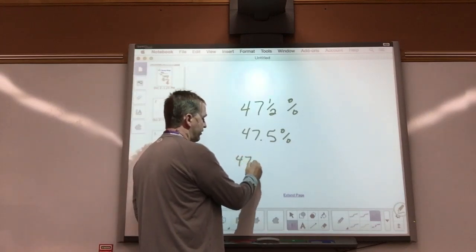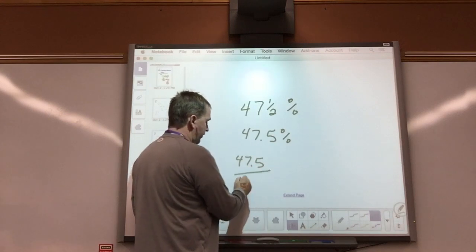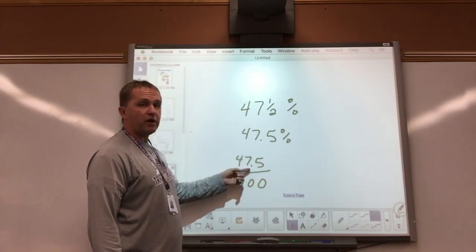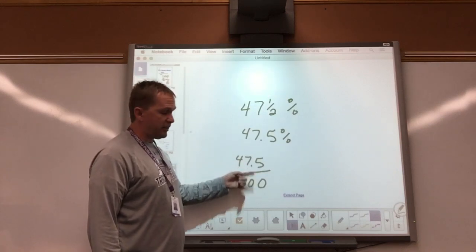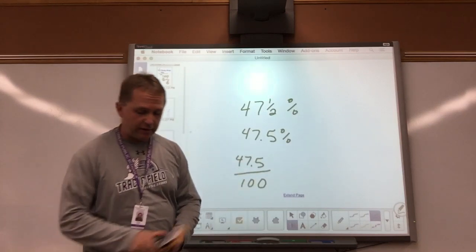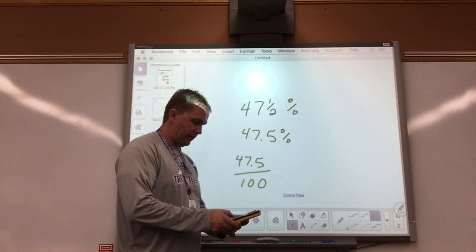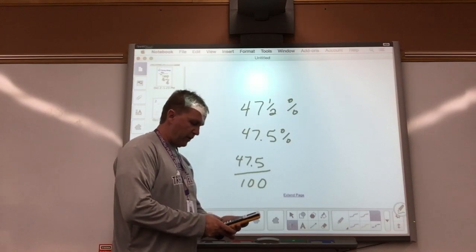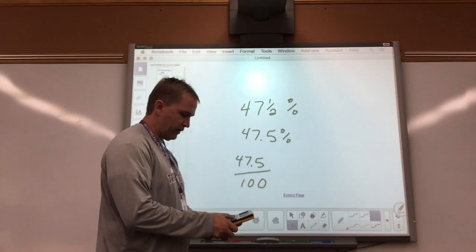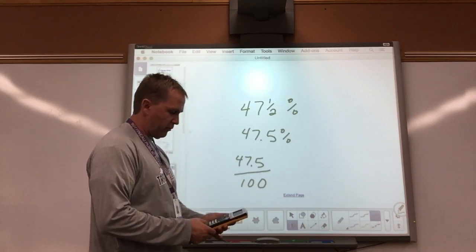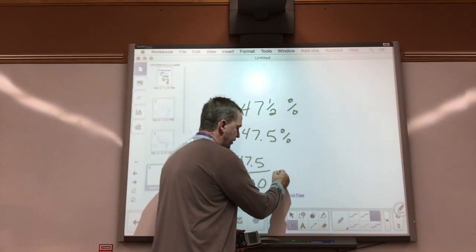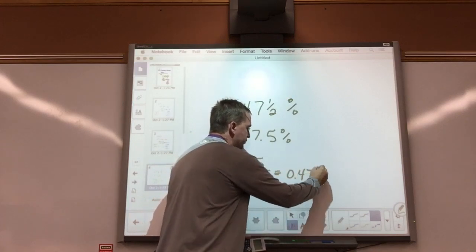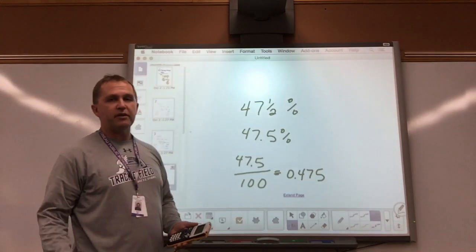I'm going to have 47.5 divided by 100. There's my fraction. The only problem is I have a decimal in this, so I'm going to grab my calculator here. I shouldn't have needed a calculator for that because that simply slides the decimal 2 spots left, which is 0.475.